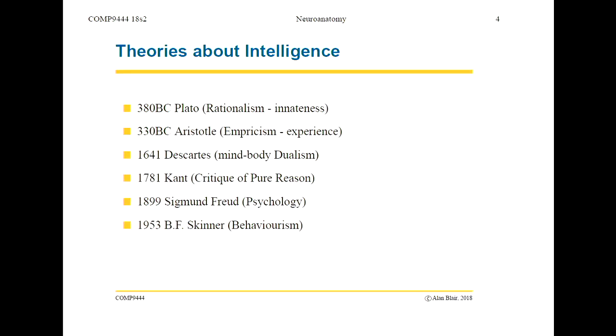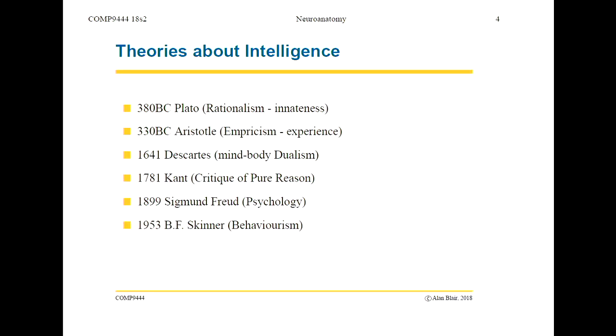So just a little bit of history about artificial intelligence and also neural networks. AI goes back to the ancient Greeks.